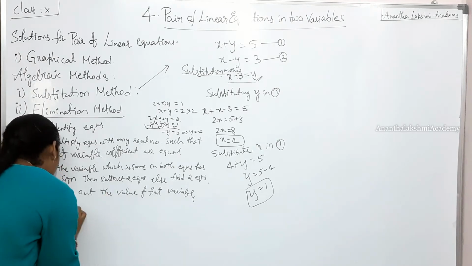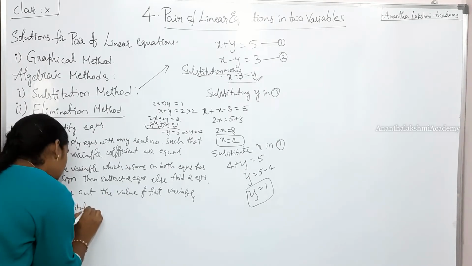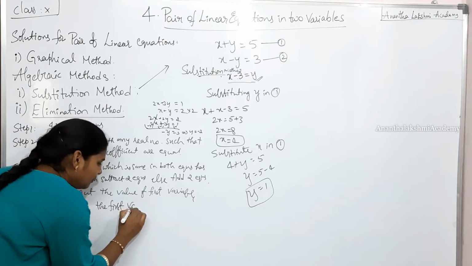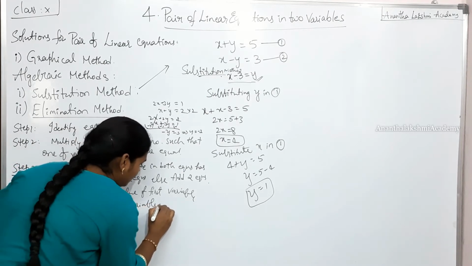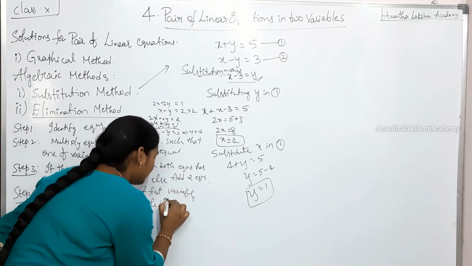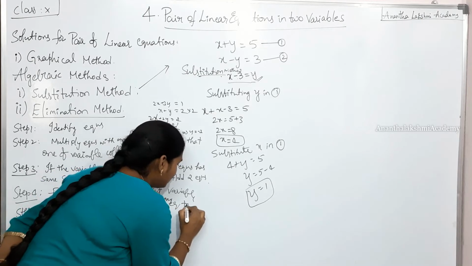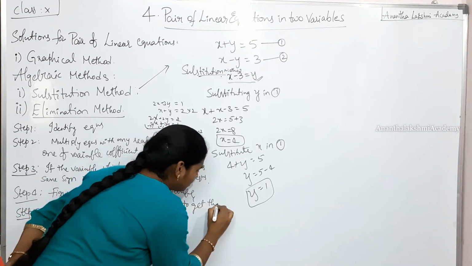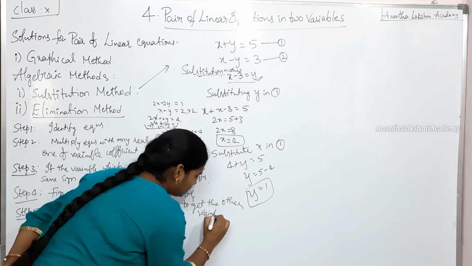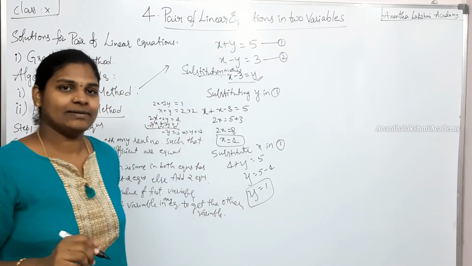Substitute the first variable in either of the equations, in any equation, to get the other variable value. That way you get the solution, the x and y coordinates, isn't it?